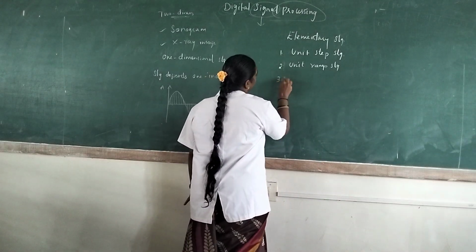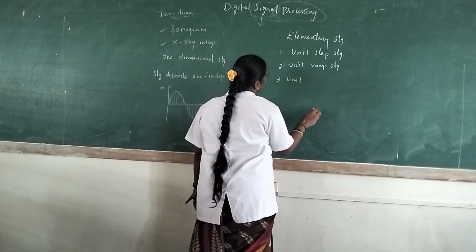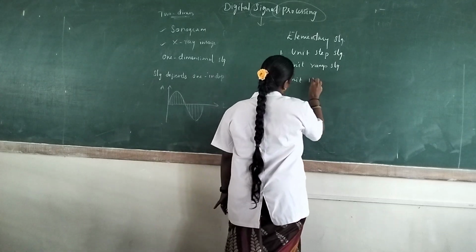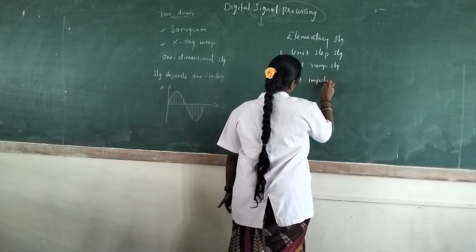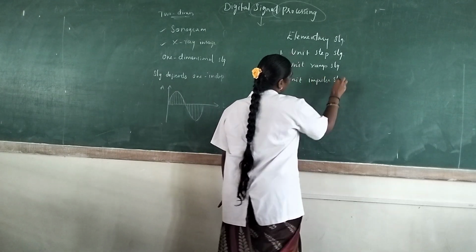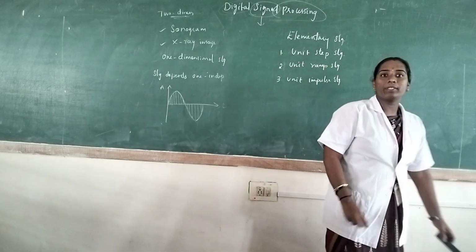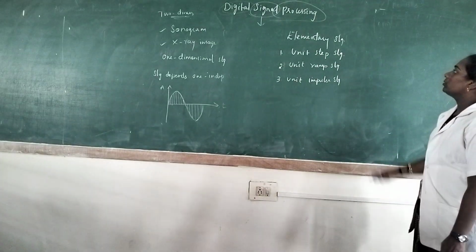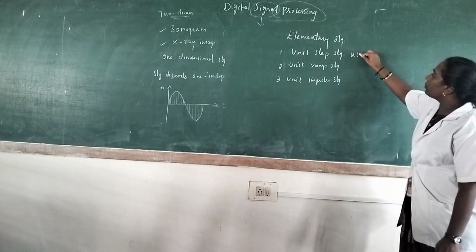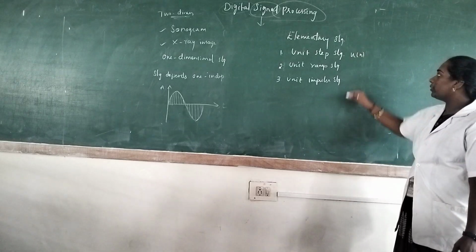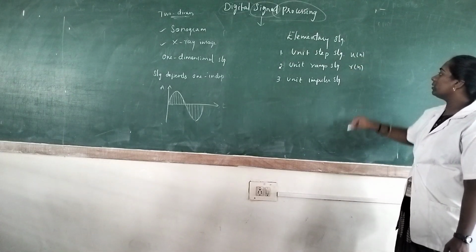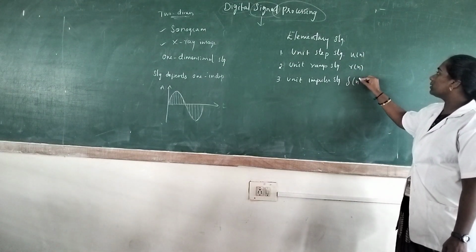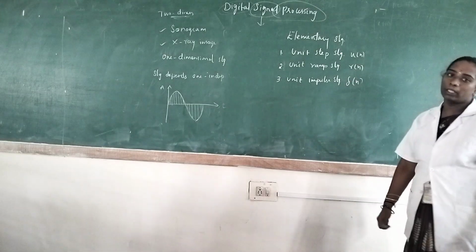And the third one is the unit impulse signal. So these are the basic elementary signals. The unit step signal is denoted as U of n, the unit ramp signal is R of n, and the impulse signal is del of n.